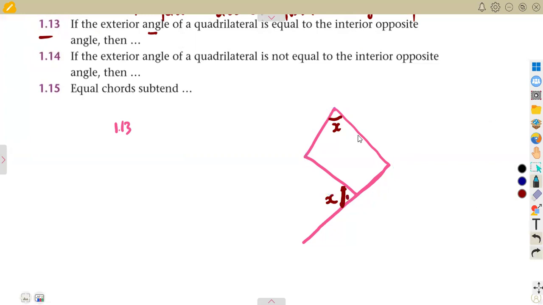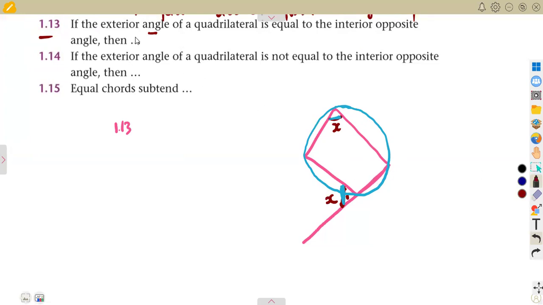This is going to be referred to as the exterior angle, and this is the opposite interior angle on a cyclic quadrilateral. Remember the concept of your cyclic quadrilateral. It means these 4 points are on the circumference of a circle, and therefore this quadrilateral is a cyclic quadrilateral.